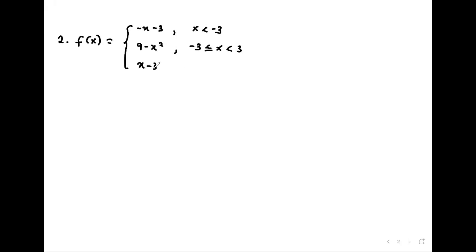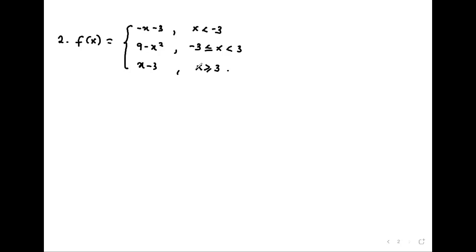And x minus 3 for x greater or equal to 3. Here is another piecewise function. How many numbers do we have? 2 again. We have negative 3 and 3, giving us the boundaries of all the 3 functions.